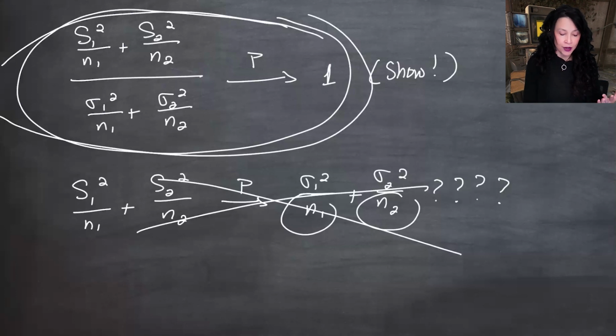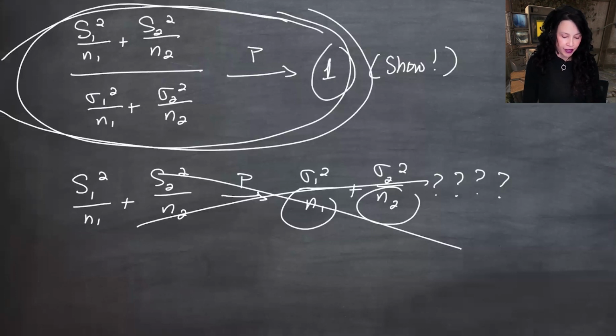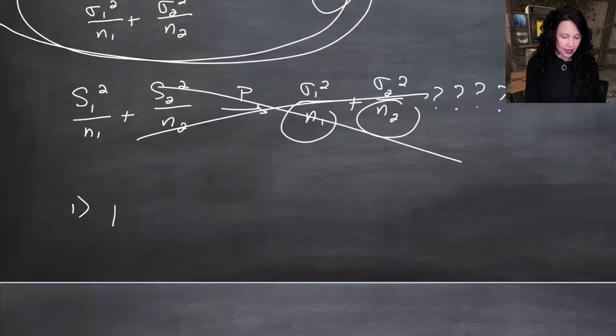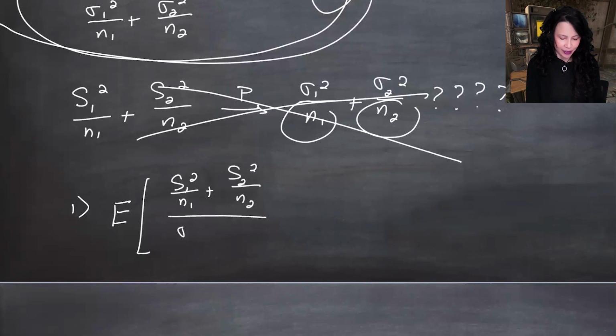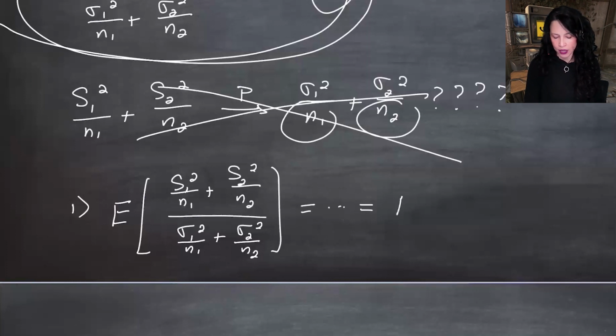So the theta here is going to be this 1 if you, number 1, take the expected value of this whole expression. I know you're thinking cut and paste would be faster, but trust me, I bungle that pretty often. So you can show that this is equal to 1.